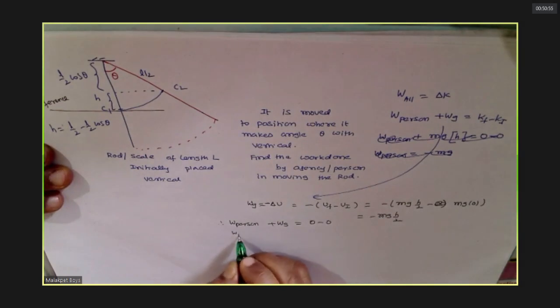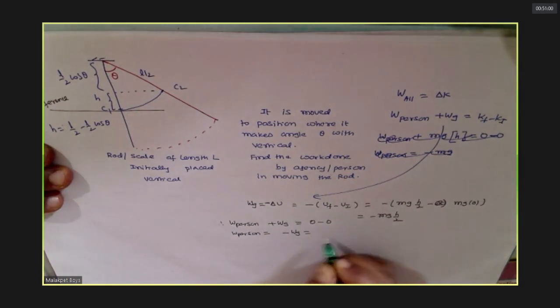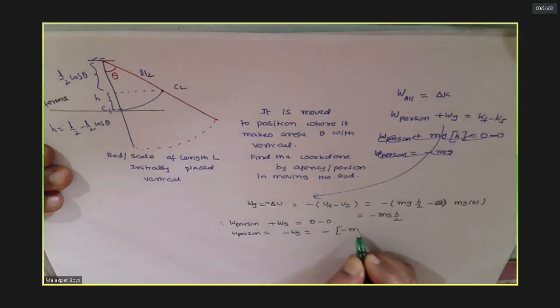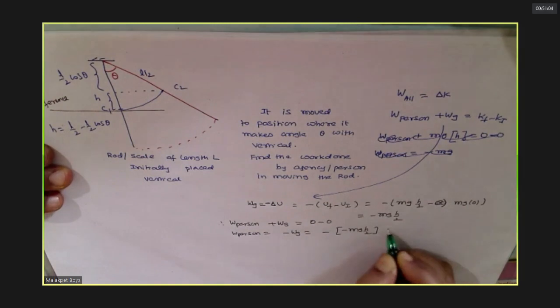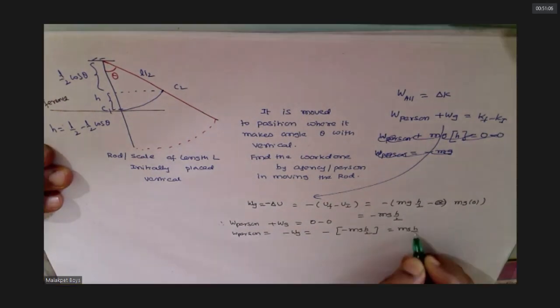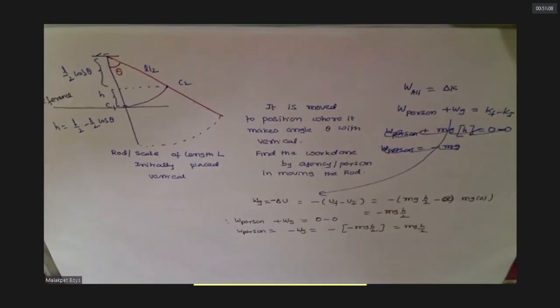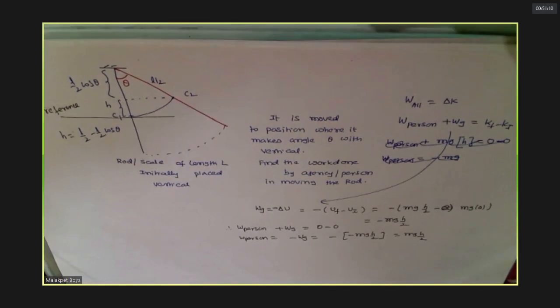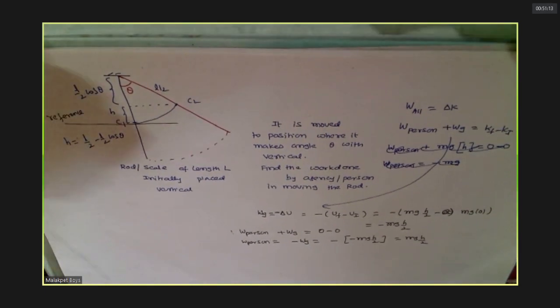Person, we don't know; we have to find that. Understood this? Where there is no information of the force exerted by any person or agency, just go for this: work done by conservative force is nothing but minus of delta U.